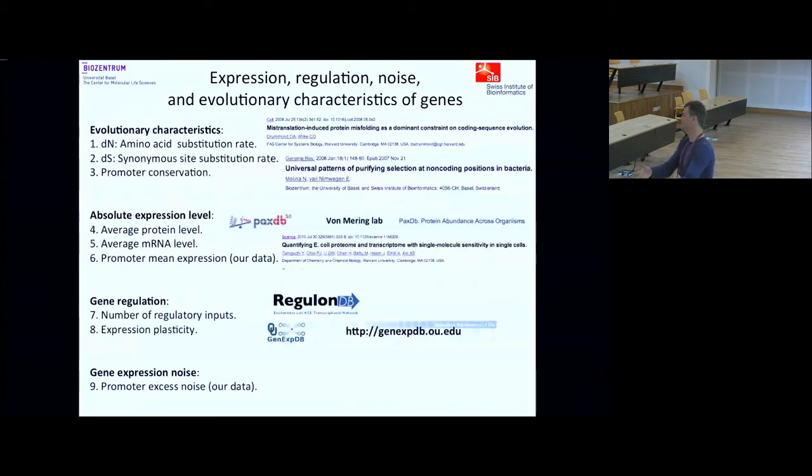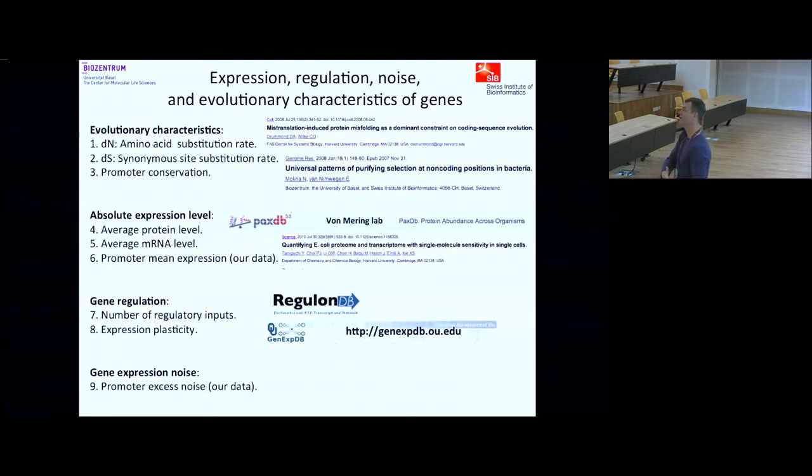Some genes go very slow and some genes go very fast. And the best correlate we have been able to find so far of this is gene expression level. Genes that have a high mean expression level evolve slowly. Genes that have a low mean expression level evolve fast.